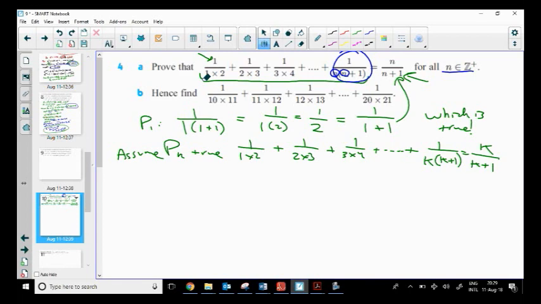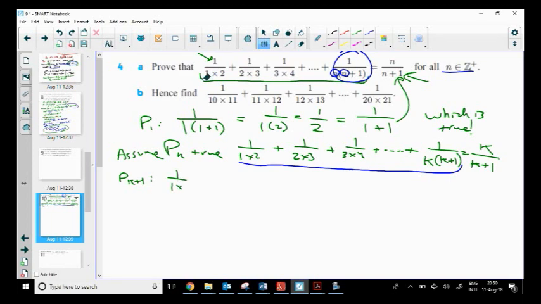And now we're going to think about what would happen in the k plus 1th case. The k plus 1th case, well, what is that going to look like? Well, this here, this was the sum of the first k terms. So let's just write out the sum of the first k plus 1 terms.